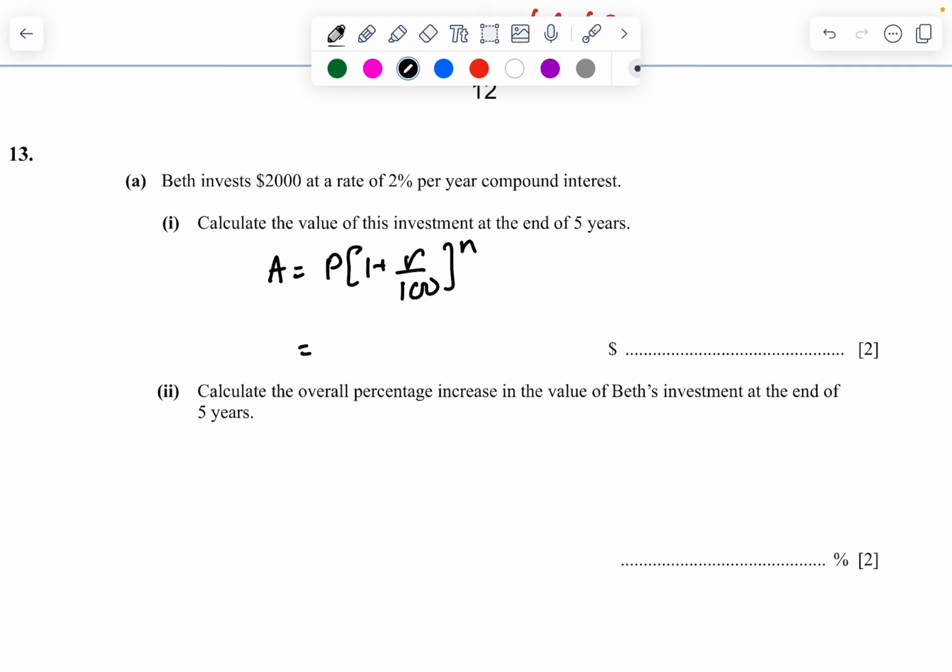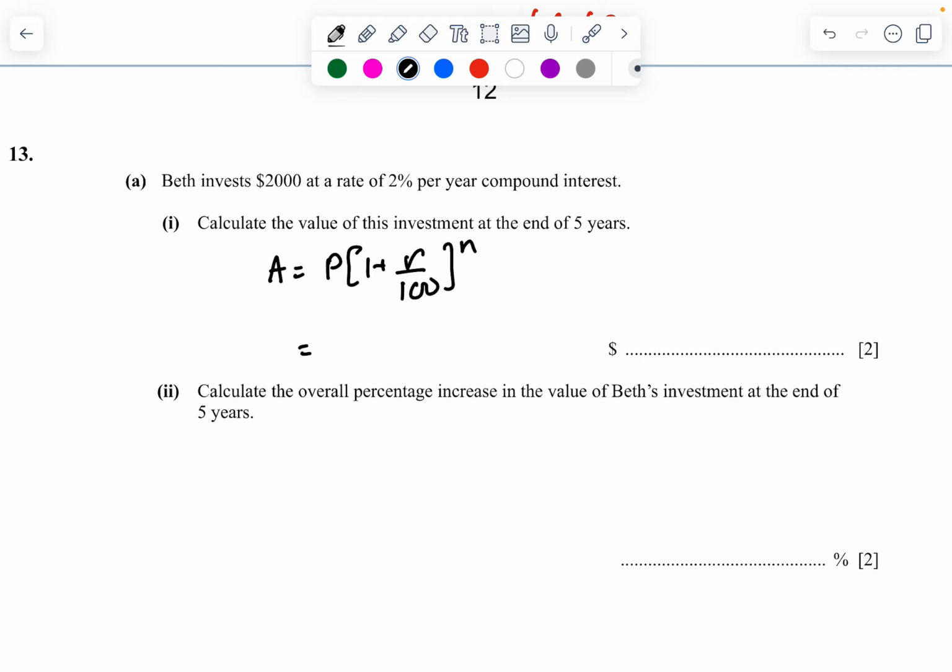The formula is A equals P times (1 plus R upon 100) to the power of N, where P is the principal, N is the number of years, and R is the rate of interest. I am going to substitute those values. What is the principal over here? 2000 is going to be the principal.